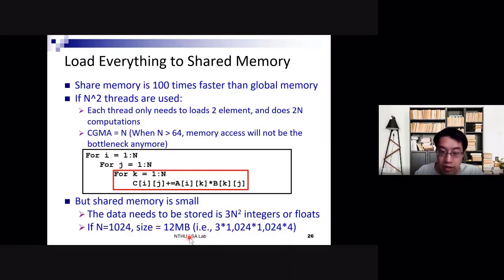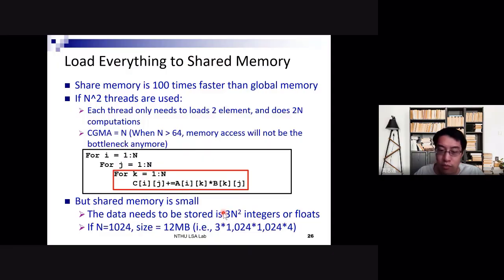And how did we get this 12 megabytes? You can simply depend on your code, of course. But here we need to store matrices A, B, and C, 3 matrices, on the shared memory, in order to avoid any global memory access from the computation. So each matrix occupies n squared space, and you have 3 matrices.